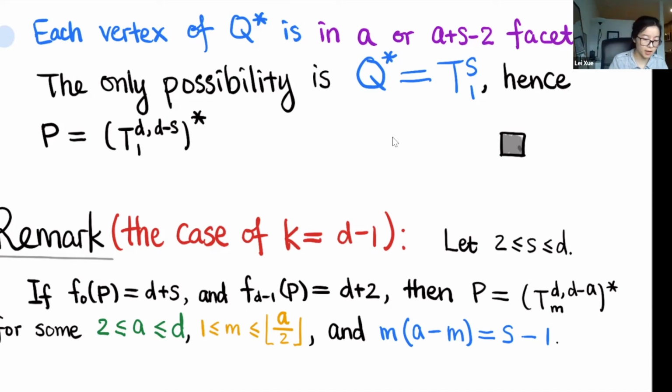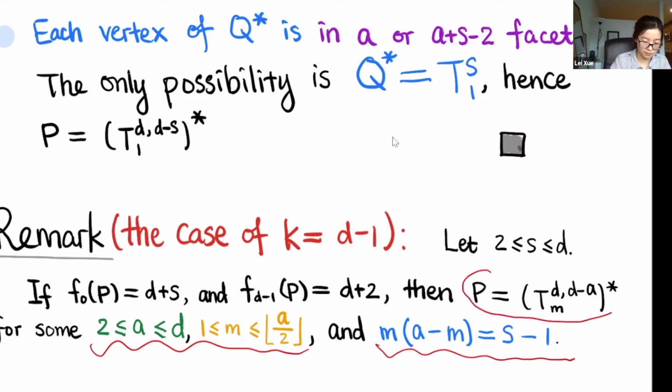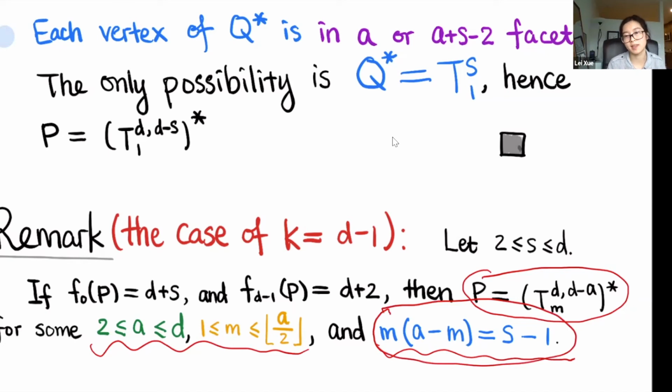And in that case, as long as you can find a and m satisfying these conditions and this equality, then any polytope of this form will satisfy the equality condition. In special cases, for example, if s is some prime number plus 1, then in order to make this equality hold, m has to be 1. And in that special case, this polytope is still the unique winner, but it's just not true in general.